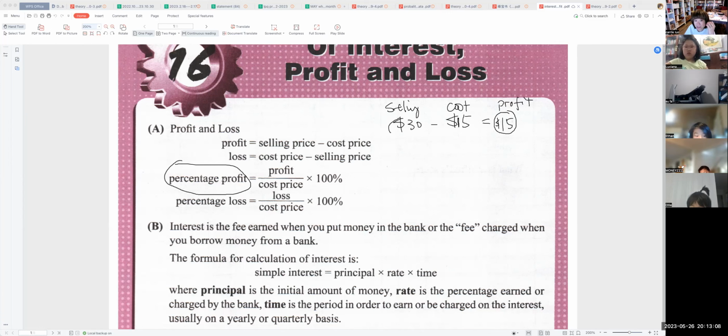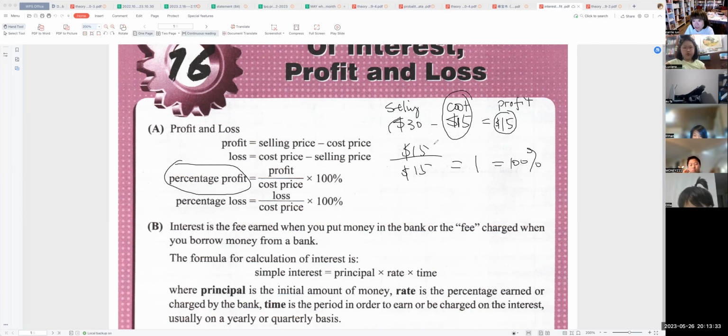Because the percentage of profit equals the profit divided by the cost price, which is 100%. Get it, Ethan? How much money you make is based on how much money you spend, not based on how much money you sell it for.